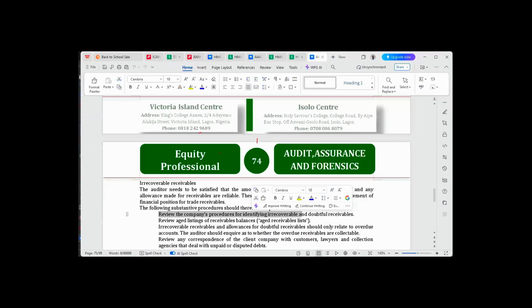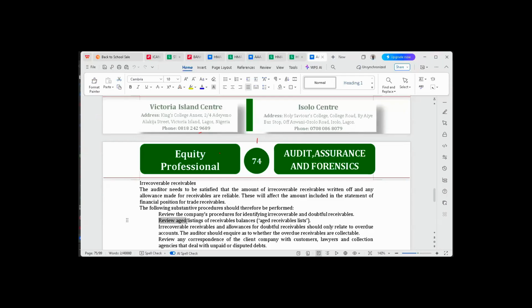That is, the client ought to have a policy that addresses how they account for bad debt or doubtful debt in their books. These are other procedures aside from circularization.